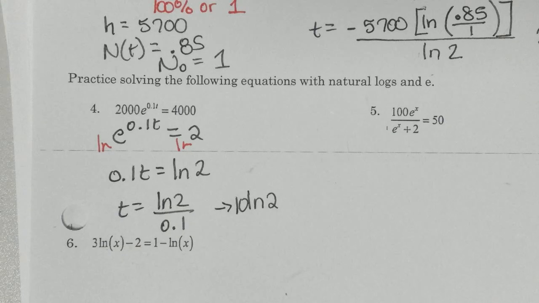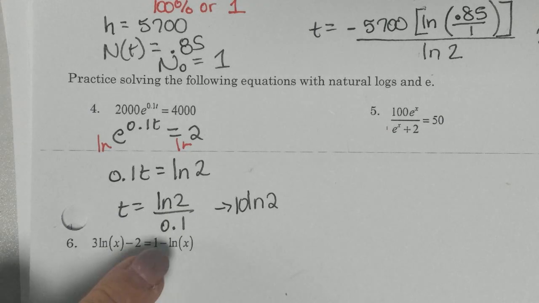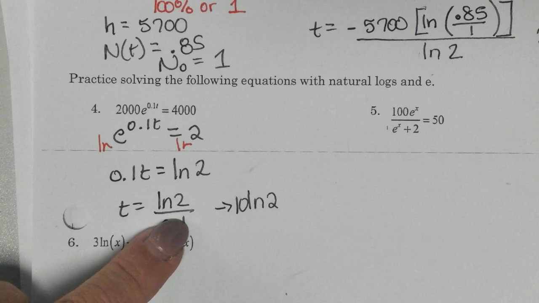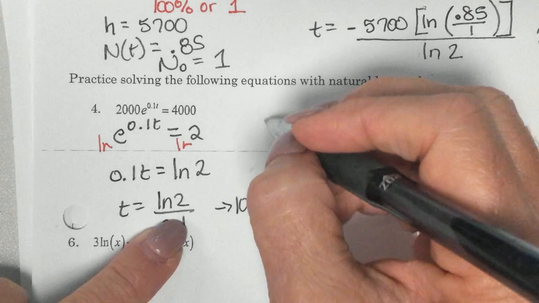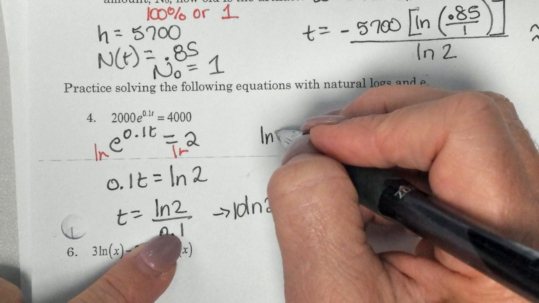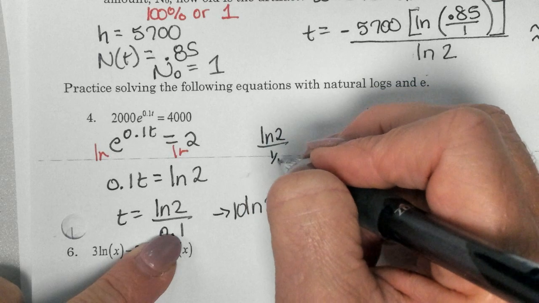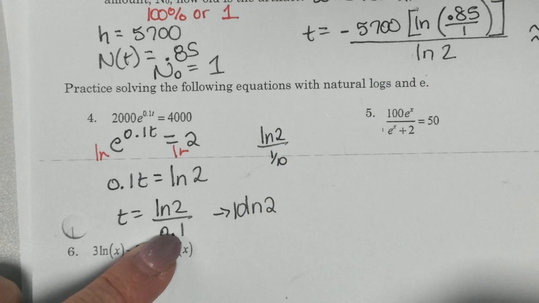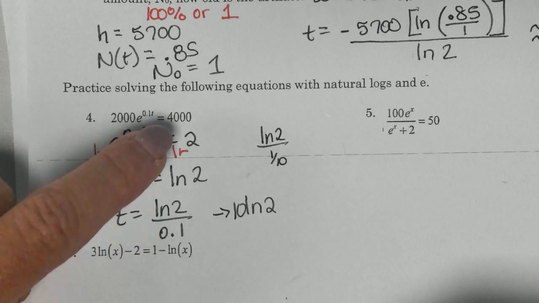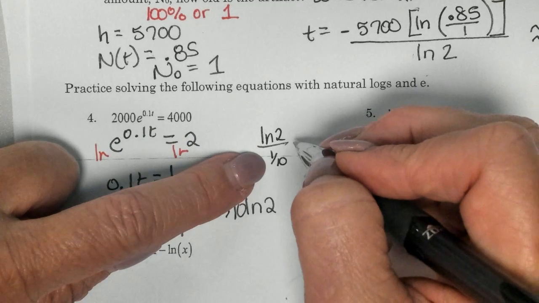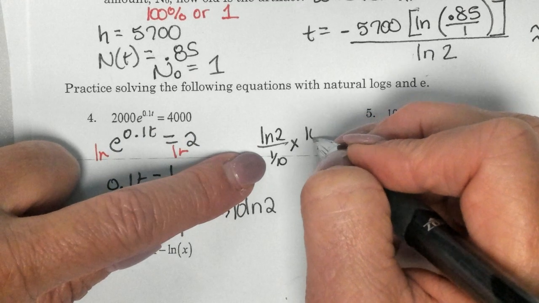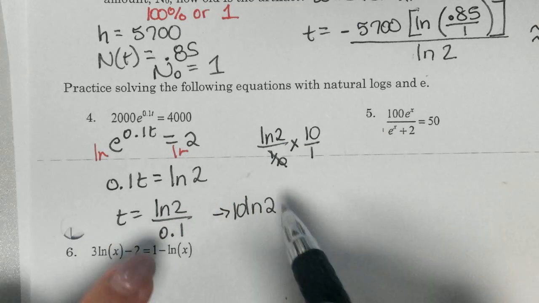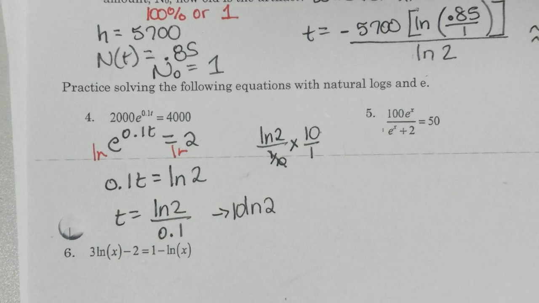Do you understand how I did that? Because 0.1 is 1/10, and that means the natural log of 2 is being divided by 1/10. And when we divide with fractions, it's the same thing as multiplying by the reciprocal. So you've got the natural log of 2 times 10.